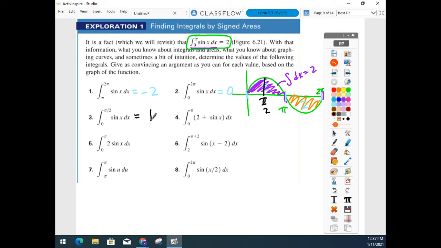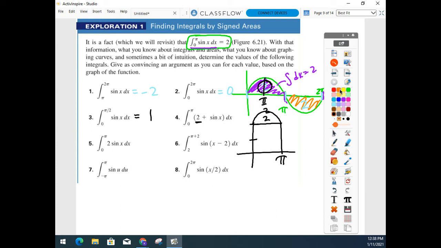Number 4. This one gets a little bit more interesting. Let's graph this out. What does it mean if I add 2 to the original sine function? What that's going to do is lift the sine curve up 2 and still have that hump going from 0 to pi. So this hump here is still the same as this, so that's your 2.